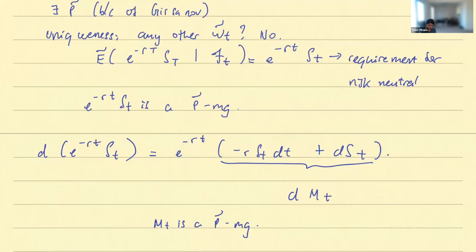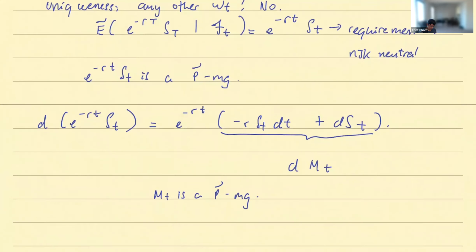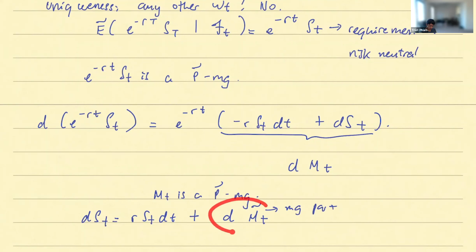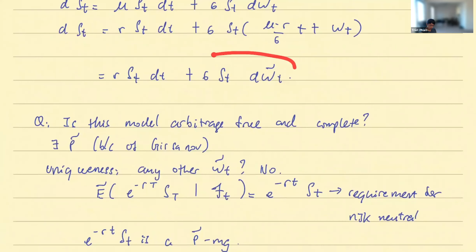Well, what does that mean? What that means is exactly what I was trying to say above: the change of the stock must cancel out this part, because this part is not a martingale part. So that means dS_t must be r S_t dt plus d of some other martingale part. And that martingale part is exactly this part right here.